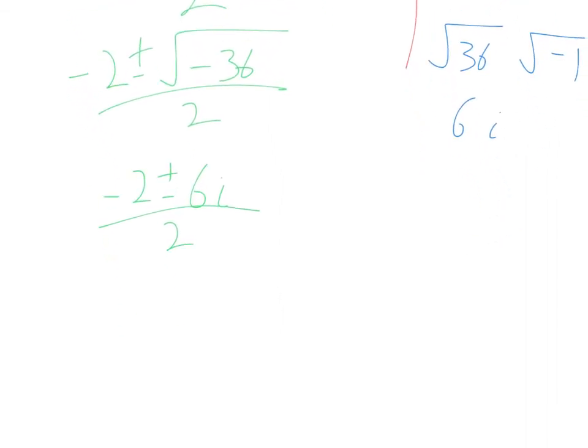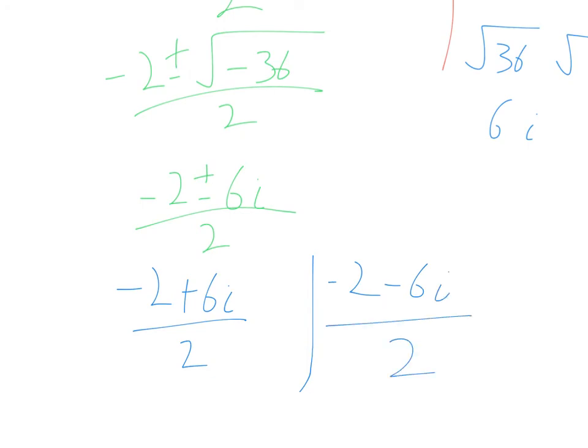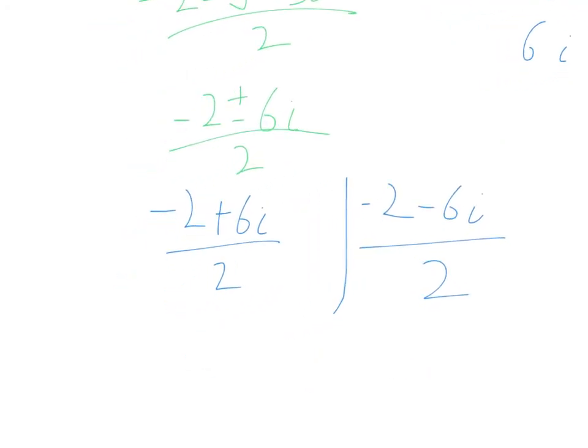If you remember using the minus b formula, the way we go from here is we solve this out twice. So we're going to have minus 2 plus 6i over 2, and we're going to have minus 2 minus 6i all over 2. So to solve the one on the left, just simplify it a little bit further.